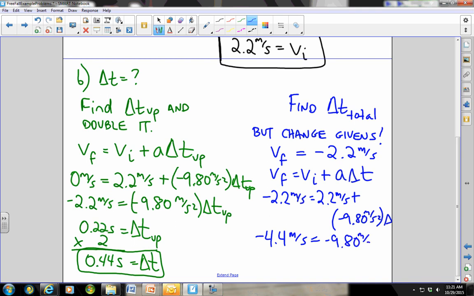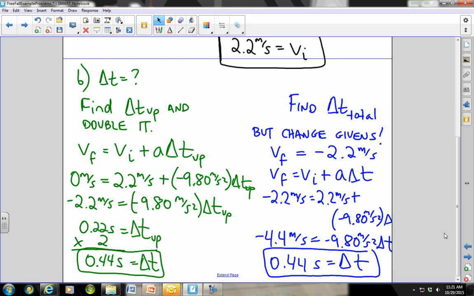The negatives are going to end up canceling. And then when you divide this out, you'll get the same answer. You'll get 0.44 seconds. And there's a third way to do it also, where you say displacement is 0 and solve for time. All those will work.